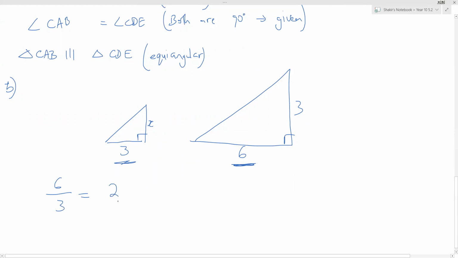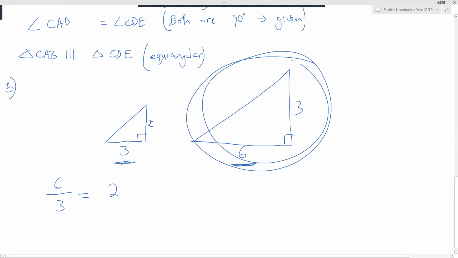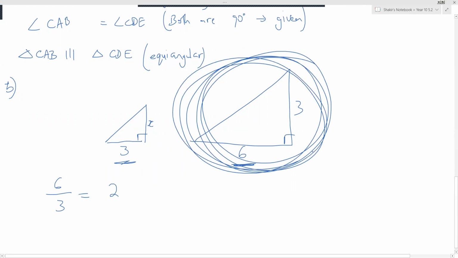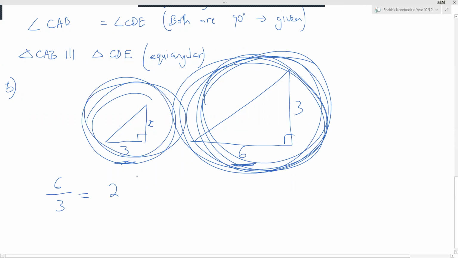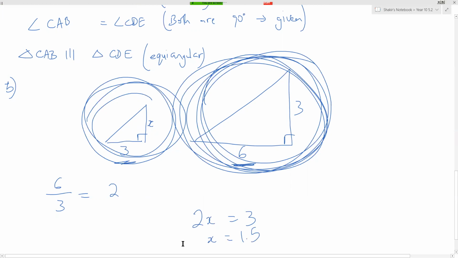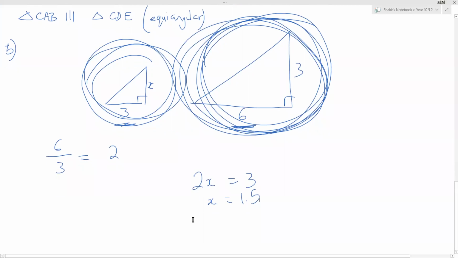And now that we have 2, we know that all the sides in this triangle are 2 times as big as all the corresponding sides over there. And so we know that 2 times x is going to give us 3. Well, x is therefore 1.5. And we are done. X is 1.5.